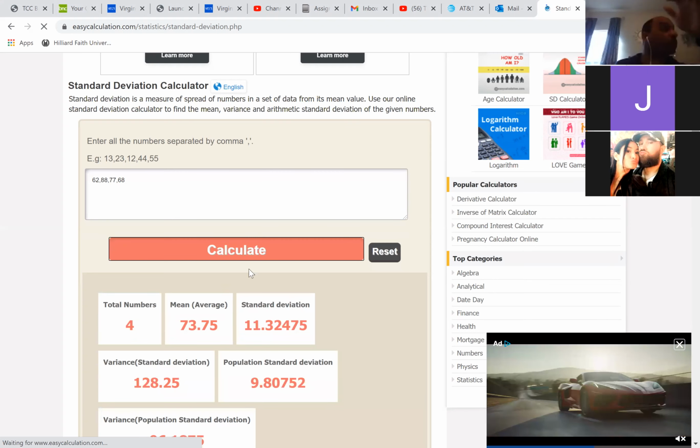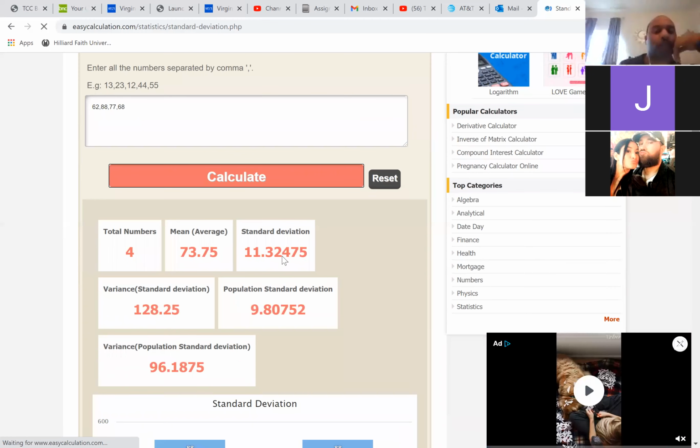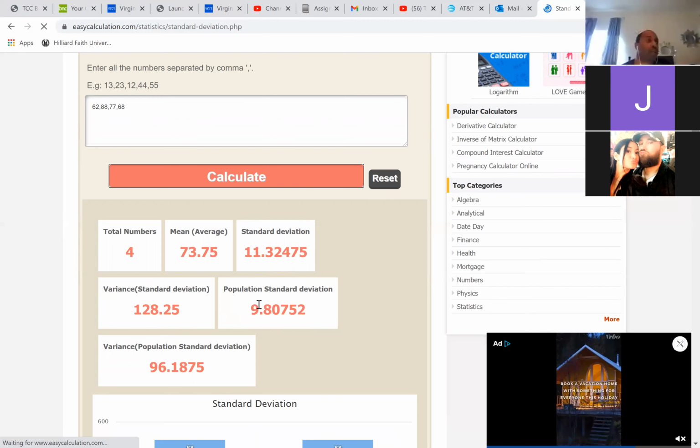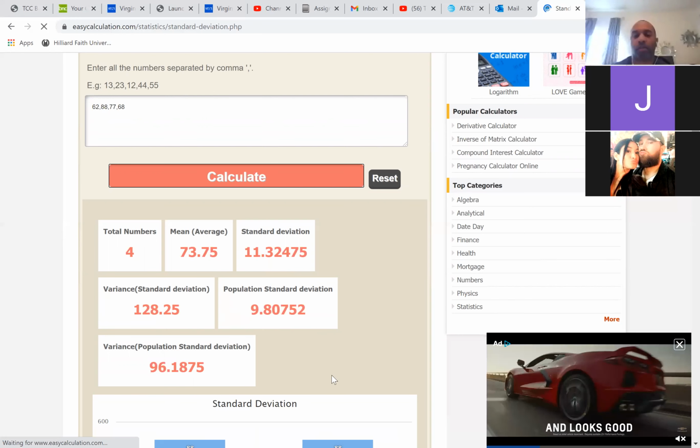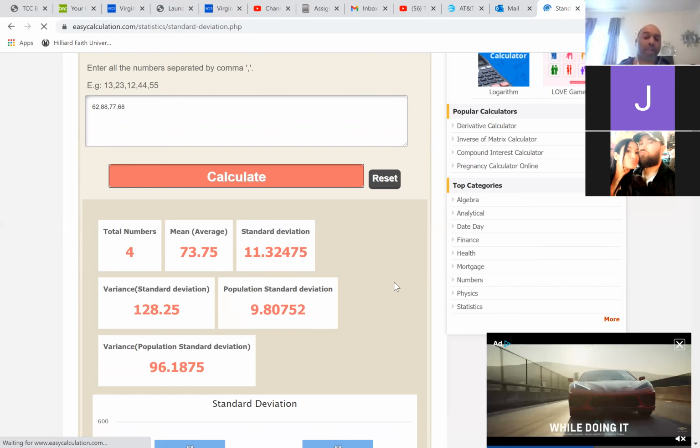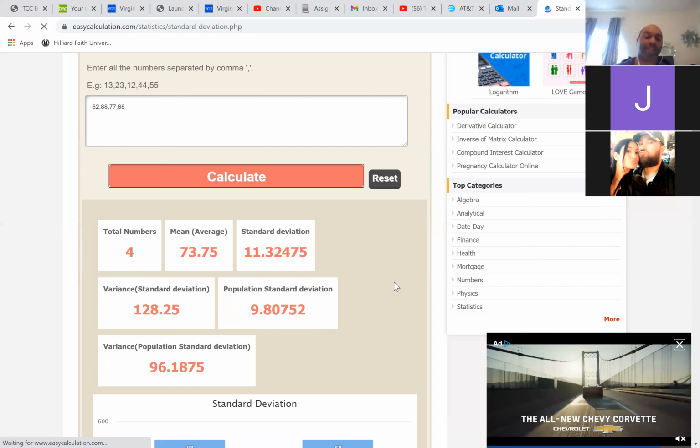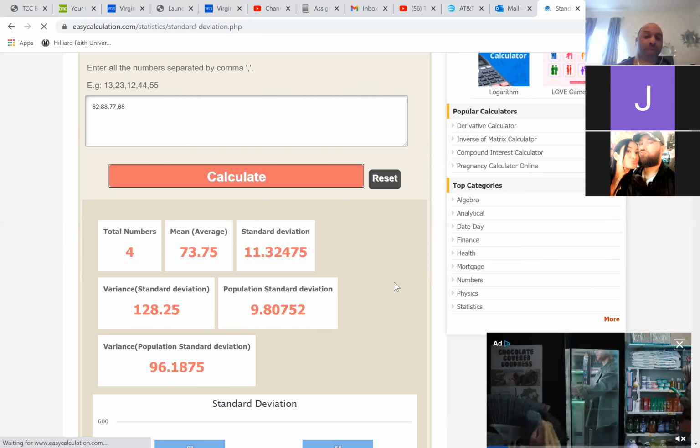And always, and we're going to talk about the notation in a second, make sure you pay attention to what they're asking of you. If you're dealing with a sample versus the population. Population, for example, let's say we talk about the student body of TCC, the whole student body of TCC would be the population. This class will represent a sample of that population.